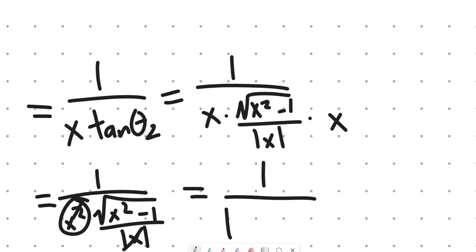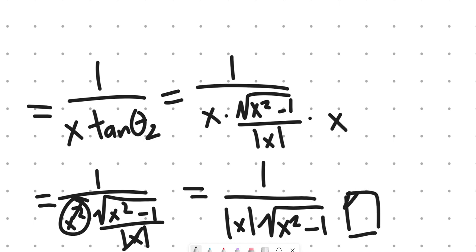So we get 1 over the absolute value of x times the square root of x squared minus 1. And this is our formula for the derivative of the inverse secant of x.